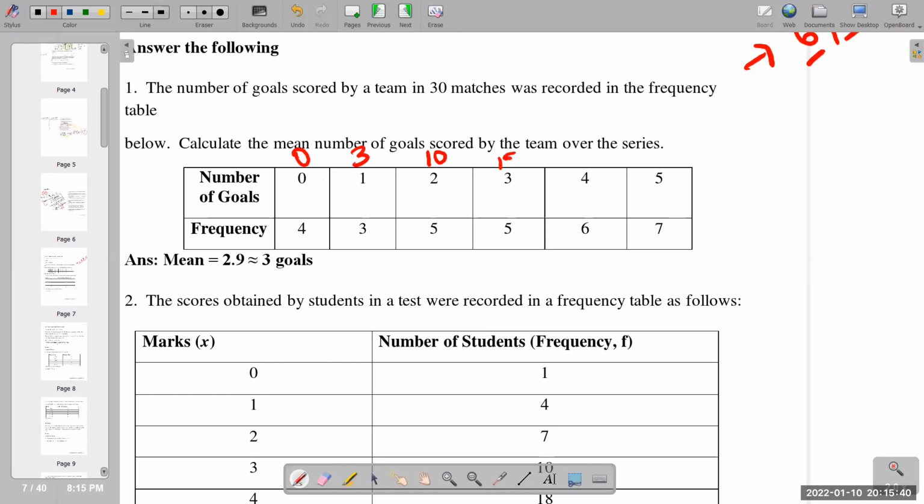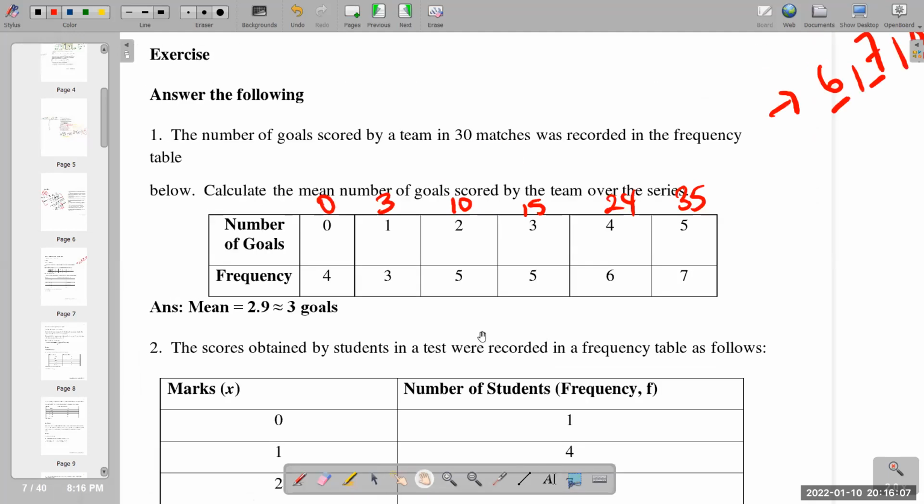Excellent. 6 people score 4. 7 people score 5. So guess what? Now we have the accurate information, and now we see why we need to apply this version of the formula.